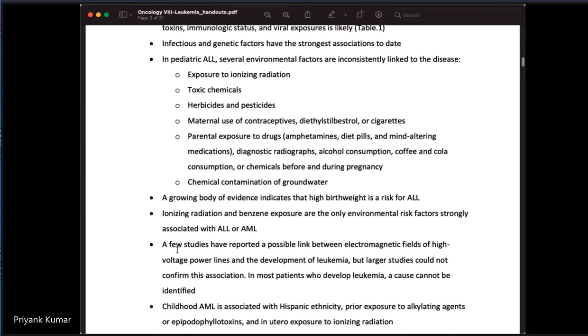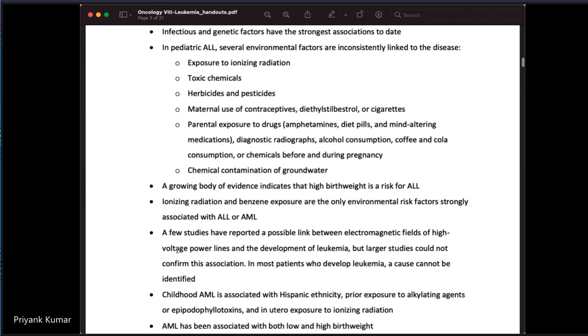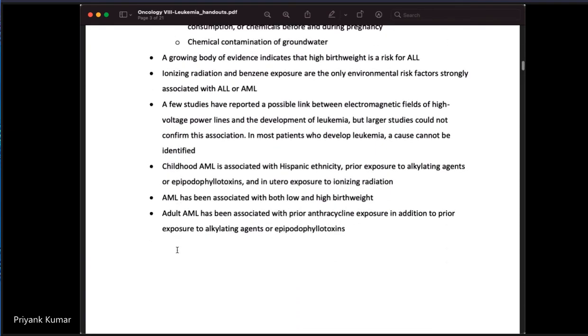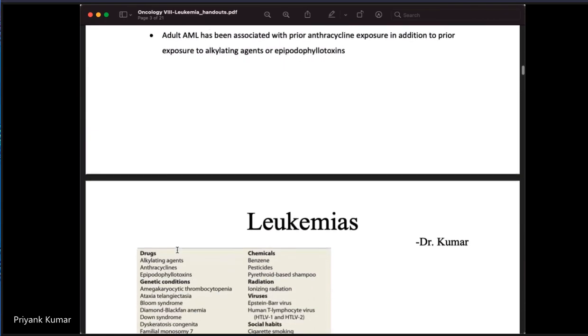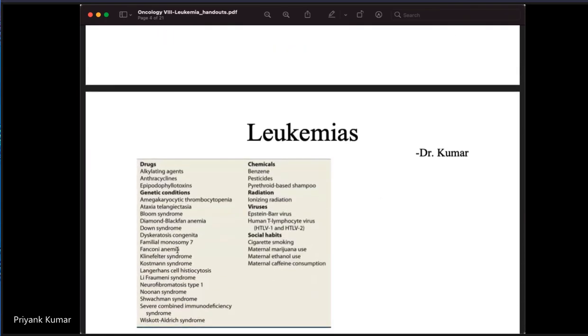So then for high birth weight, would that be more consistent when you say that there's a growing body of evidence? So growing body of evidence meaning high birth weight or low birth weight has more chances. Those patients have more chances of contracting certain types of leukemias.